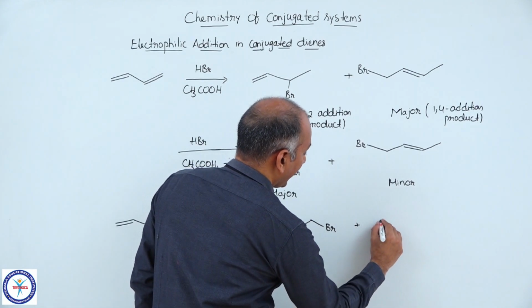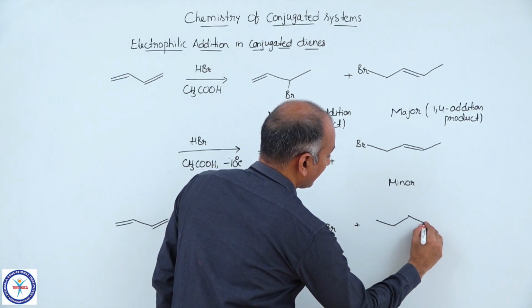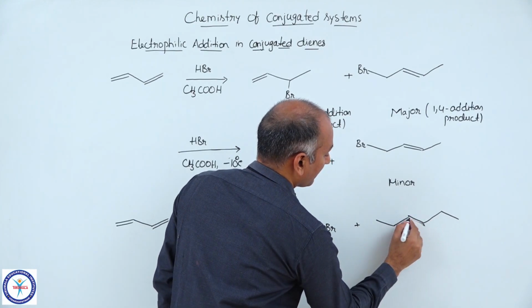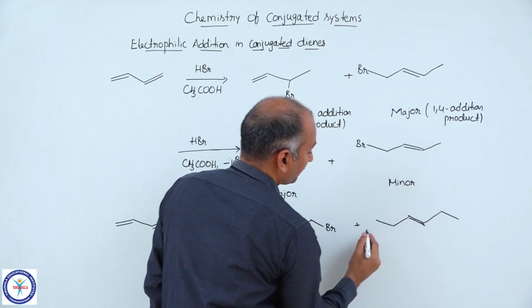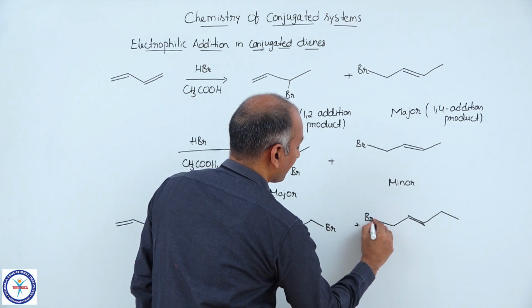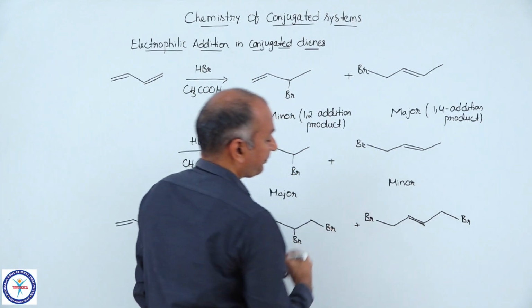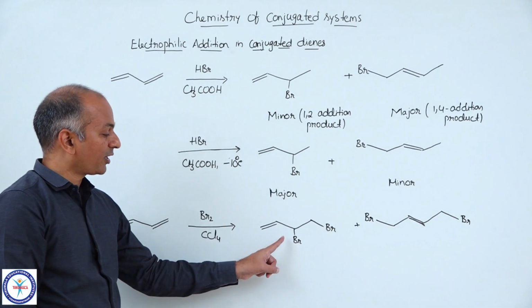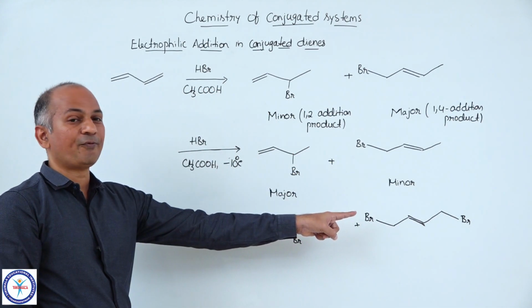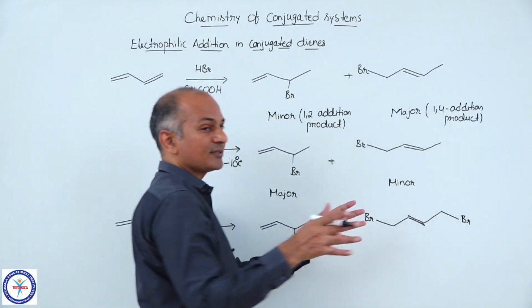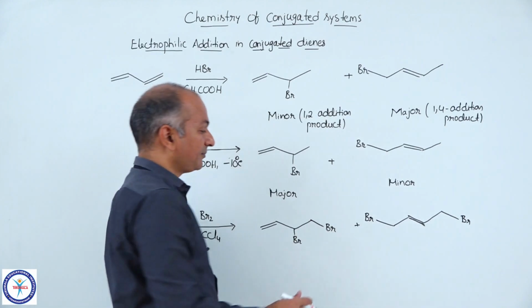And another product is Br here and Br here. This is the 1,4 addition product. The Br atoms get added to the extremes, first carbon and fourth carbon.